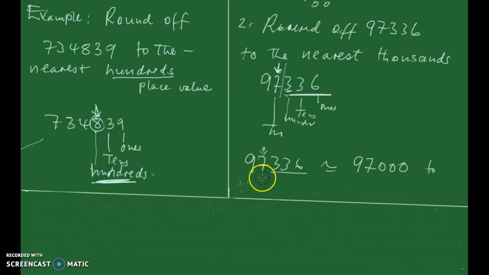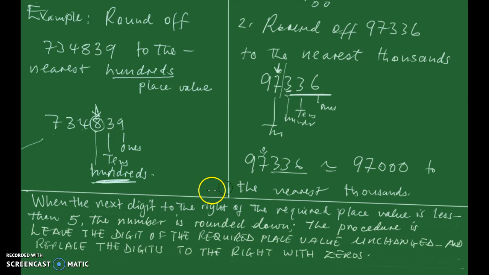All right. Now let us look at the conclusion we can draw about these things. The conclusion is that when the next digit to the right of the required place value is less than 5, the number is rounded down. You see here, this 7 was our required place value, thousands. Now the next digit is 3, which is less than 5.